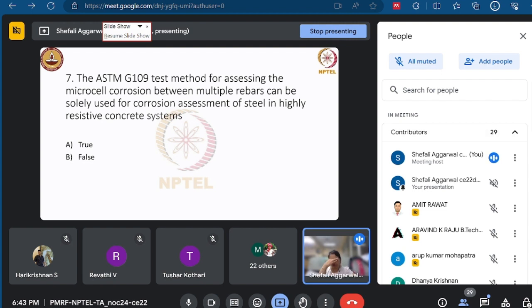ASTM G109 test setup, you have seen it in inhibitors, you might have read about it or not yet.